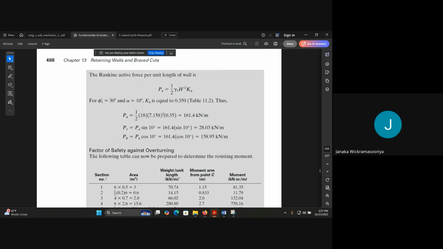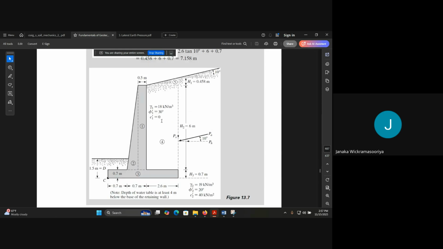And first we will find the active lateral force. You can directly get this equation since the cohesion is 0. Since the cohesion is 0, you will not get that 2c square root of Ka part.